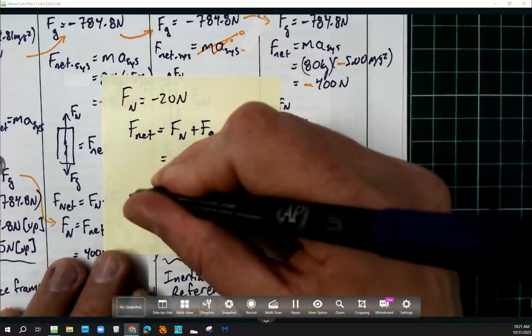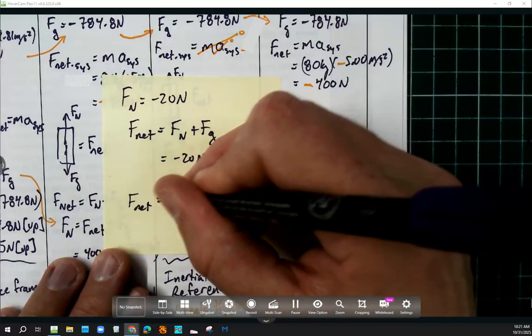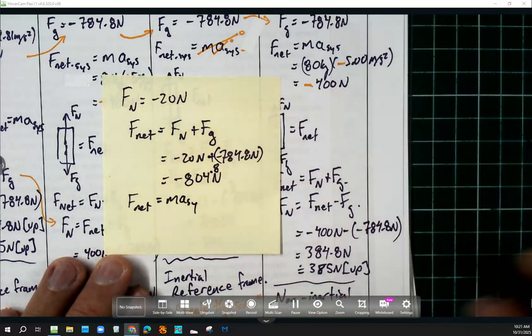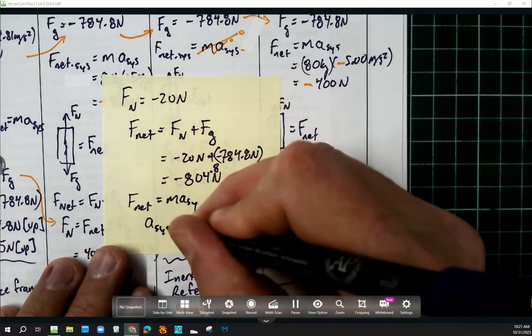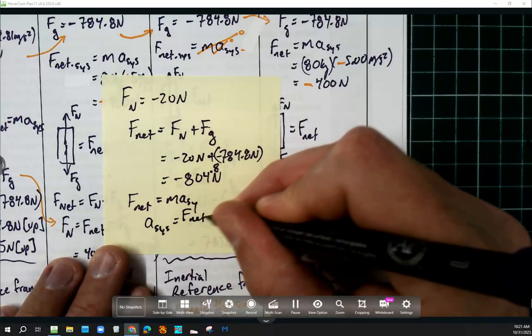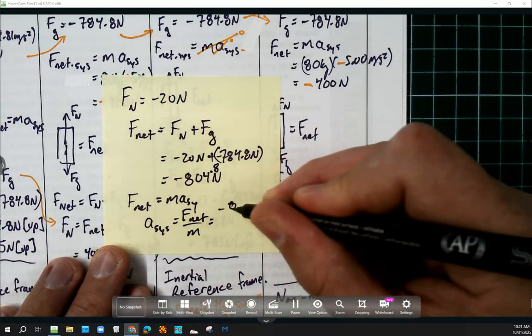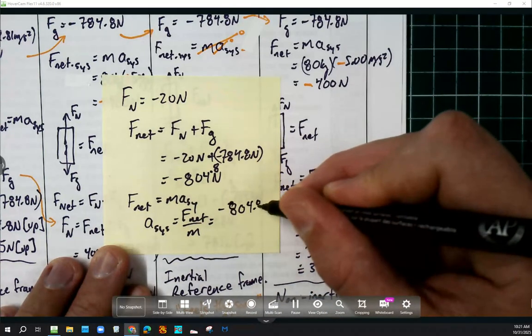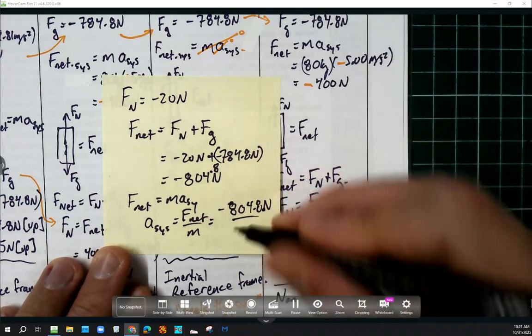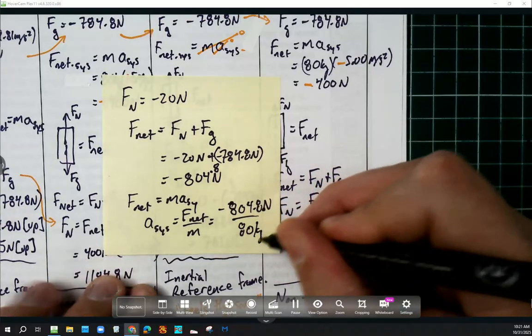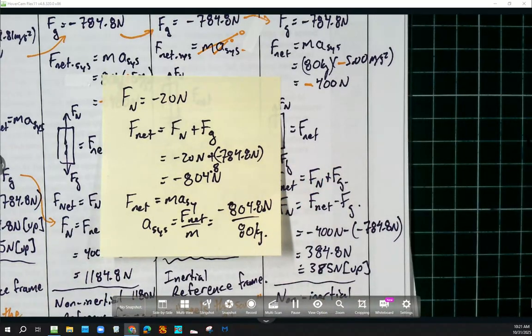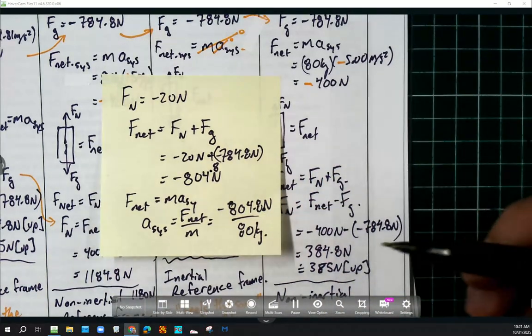Well, F net is equal to mass times the acceleration of the system. What we're saying here is that the acceleration of the system, F net over m, is equal to negative 804.8 newtons divided by 80 kilograms. What's 804.8 divided by 80?